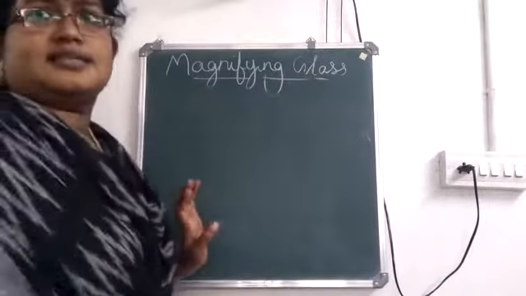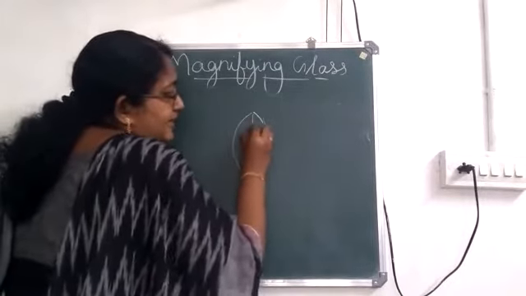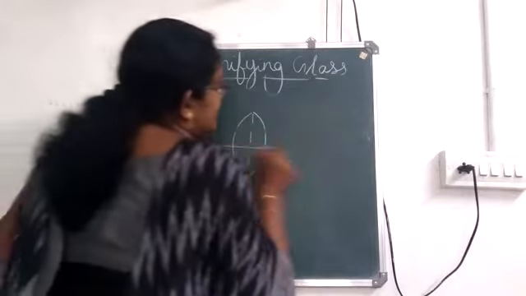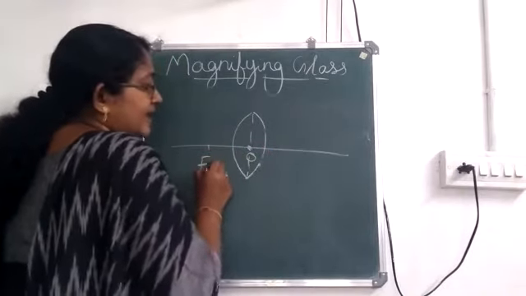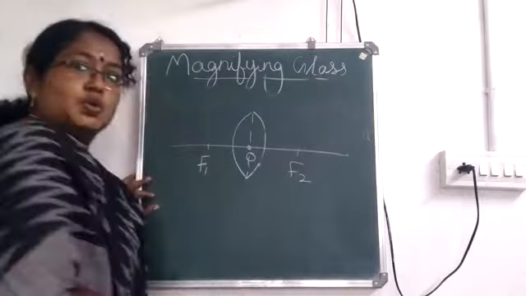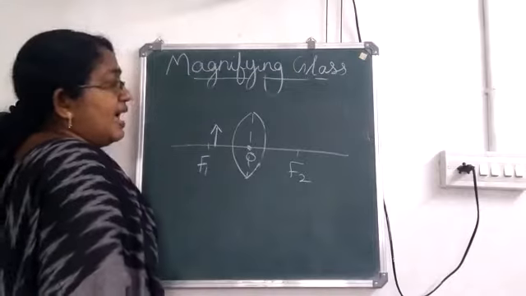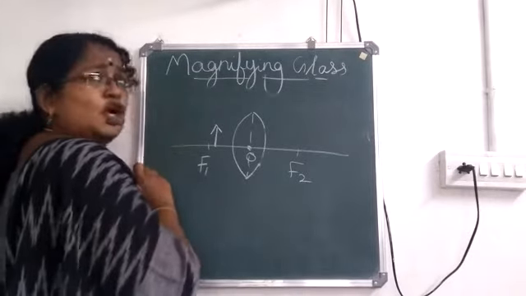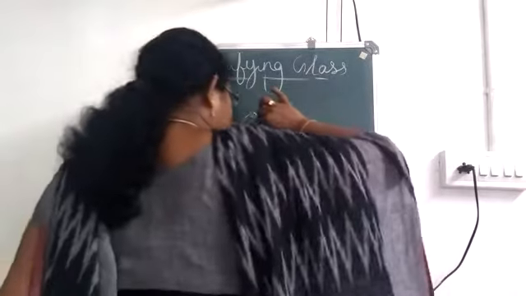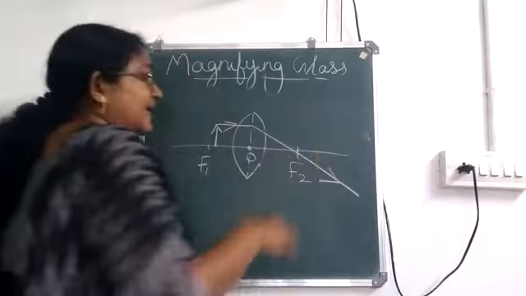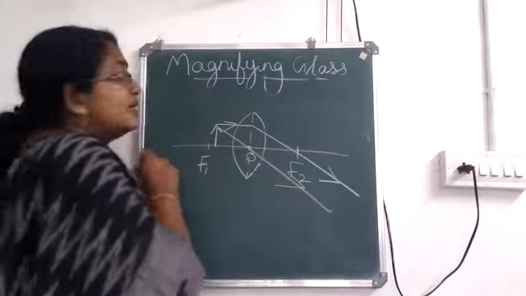That is the sixth case. Do you remember the sixth case of a convex lens? We have the convex lens, principal axis, optic center, then F1, F2. If we keep an object between the focus and the optic center, the first ray parallel to the principal axis, after refraction, moves through the second focus, and another goes through the optic center.